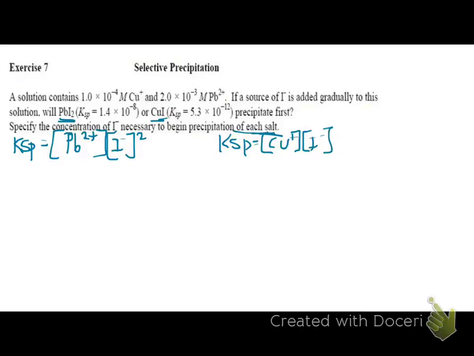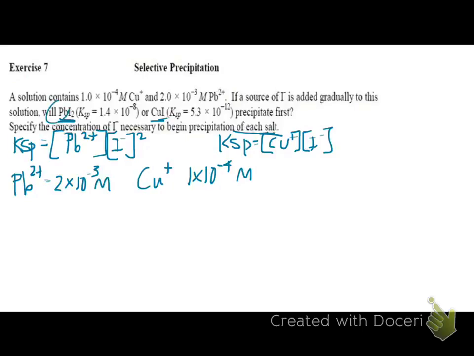All right, so it gave us our KSP values, so we are going to compare that. It gave us the concentration of the lead as 2 times 10 to the negative third, and the concentration for copper as 1 times 10 to the negative fourth. It doesn't really matter which one we do first. We're just going to do lead first because I see it first right here.